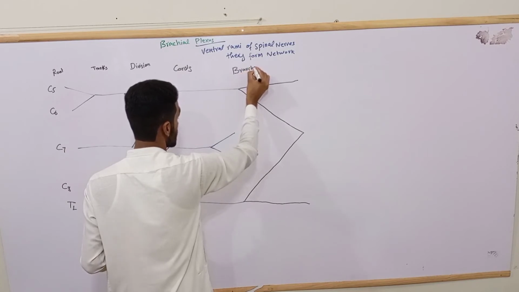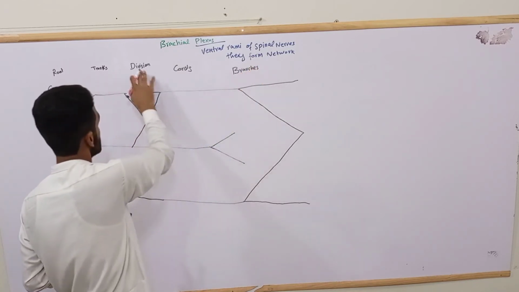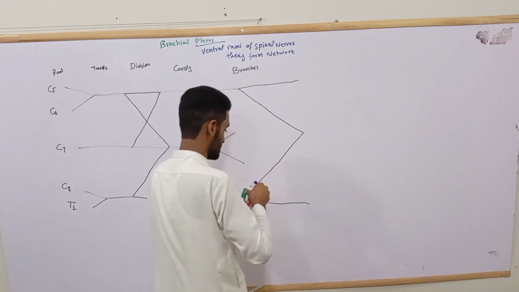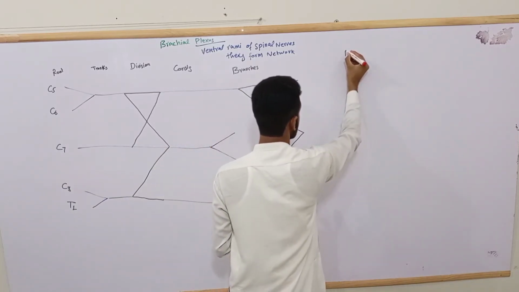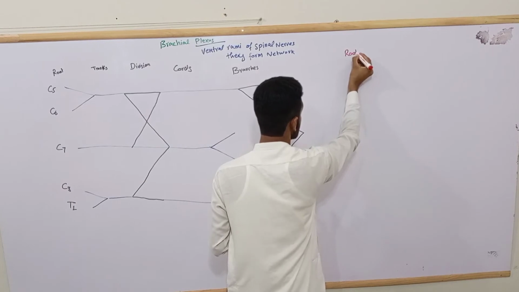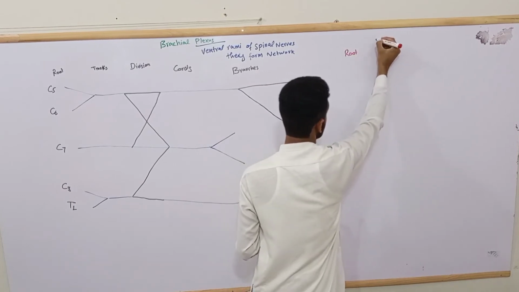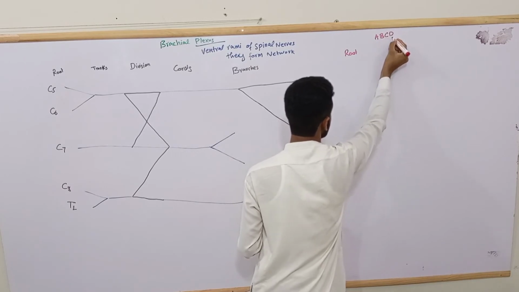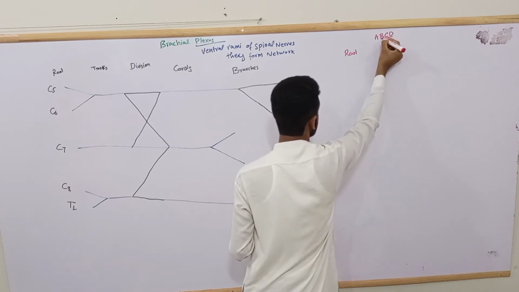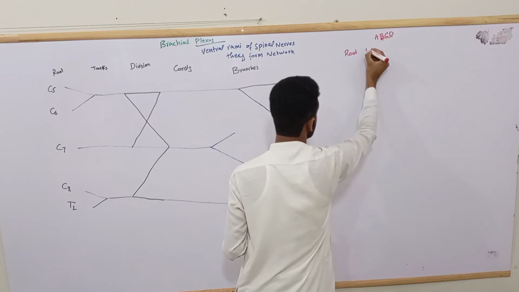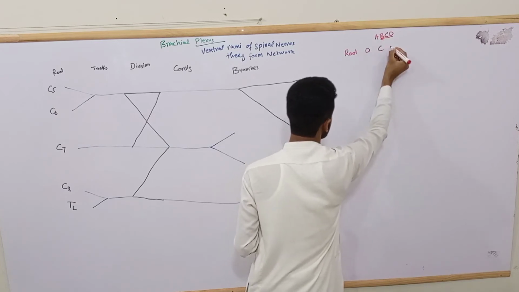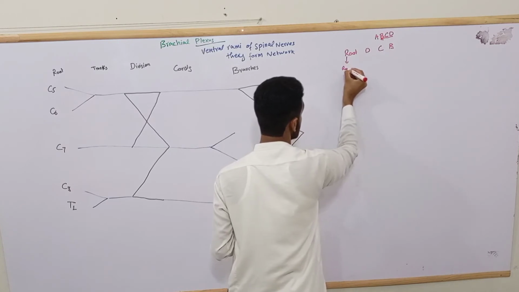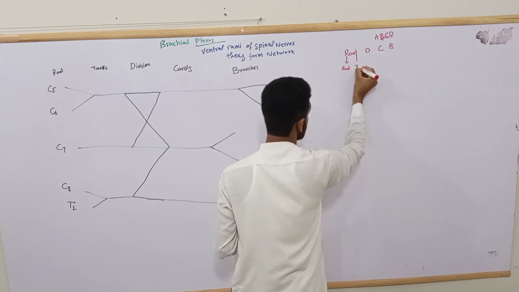If you are confused about the series of root, trunk, division, I put a trick right here. The trick is that simply, as you know, A B C D, go in the opposite way: D C B, D C B. R represents roots, T represents trunks.